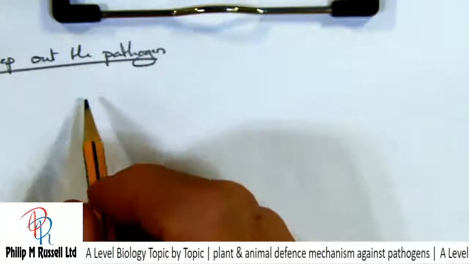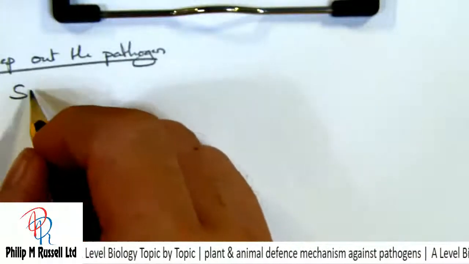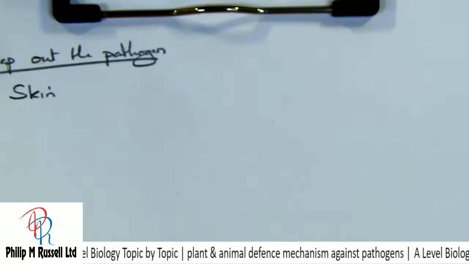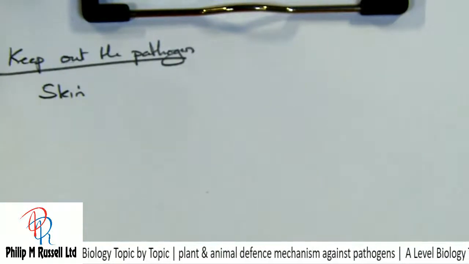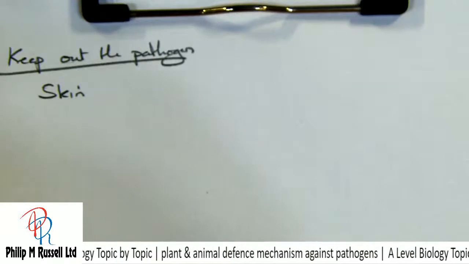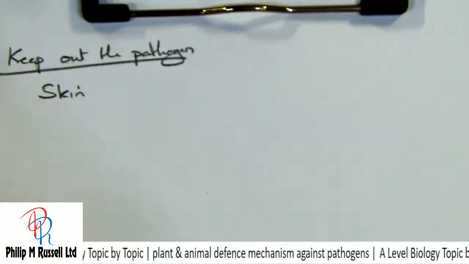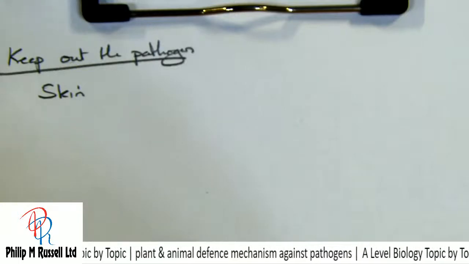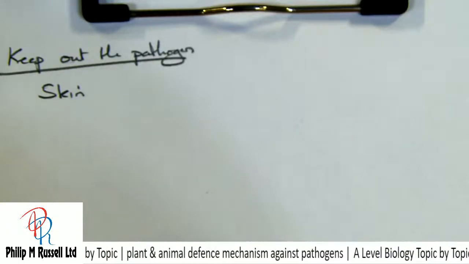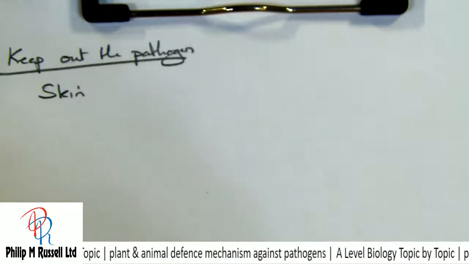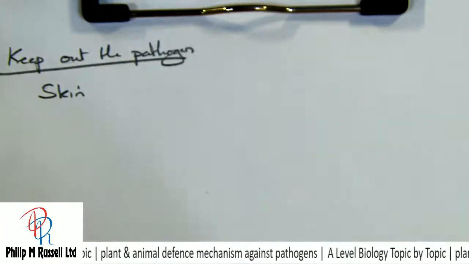That's going to be our first basic idea, and that means skin. Skin is basically a barrier, and it's going to prevent the entry of pathogens. If we look at your skin, it's absolutely covered in pathogens.